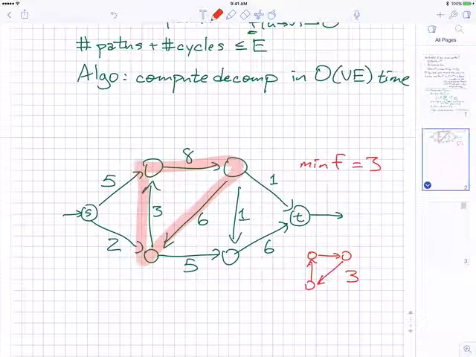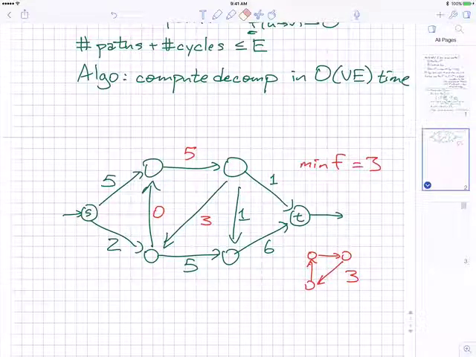And then I'll subtract 3 from the flow along each of those edges. So this becomes 0, 5, and 3. And now that I've dealt with the cycle, this edge has flow 0, so I just get rid of it. And now I have a flow that has one fewer edge in it. And so by induction, the rest of the algorithm will recursively compute the decomposition.